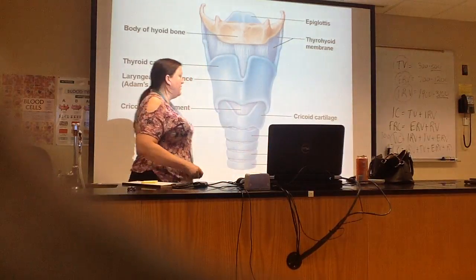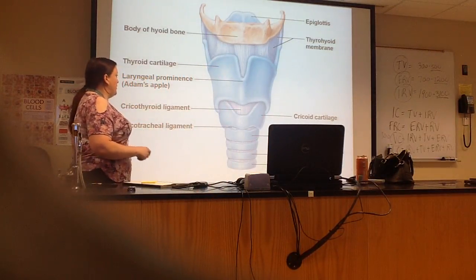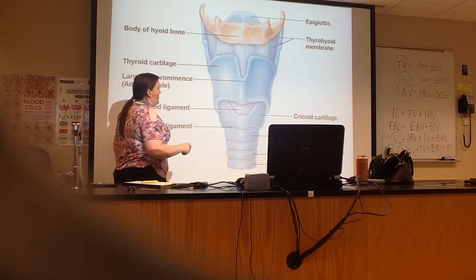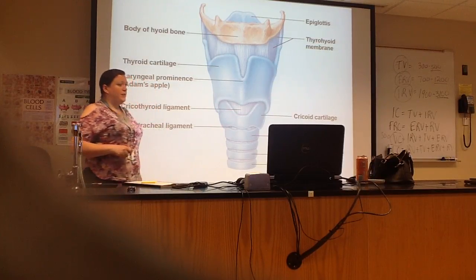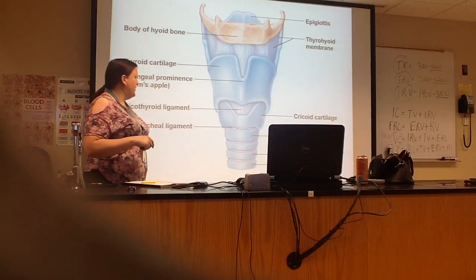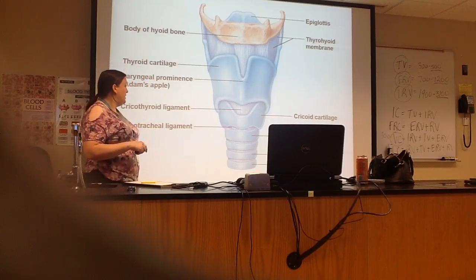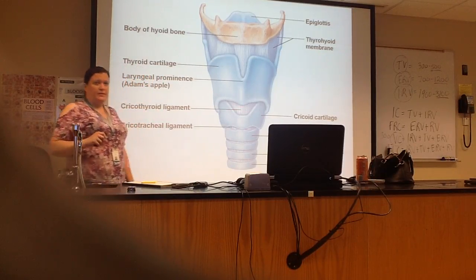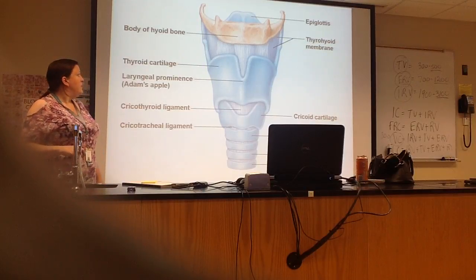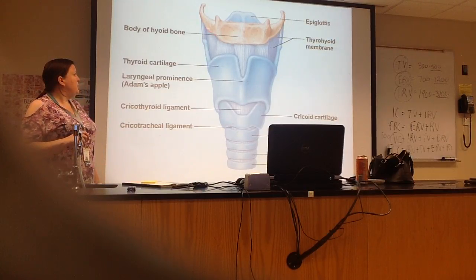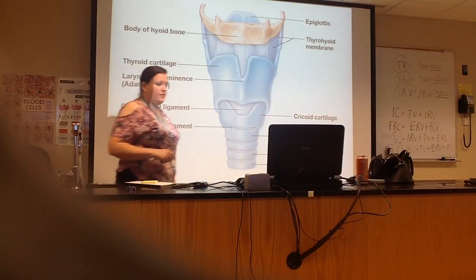So on this picture of the larynx, what is this big cartilage in front called? Thyroid cartilage. And then this ring underneath that is the cricoid cartilage. And we've got the hyoid bone up here, and again the epiglottis.